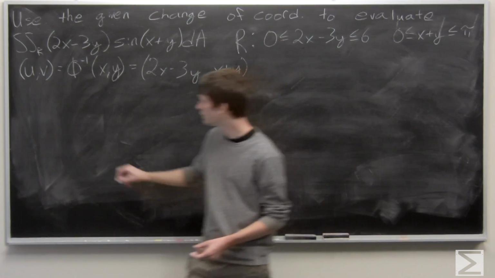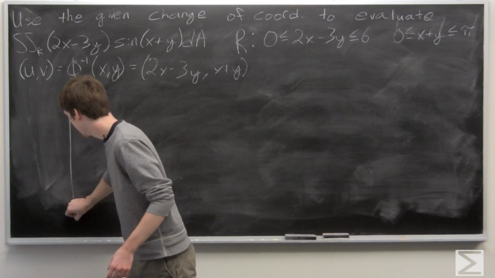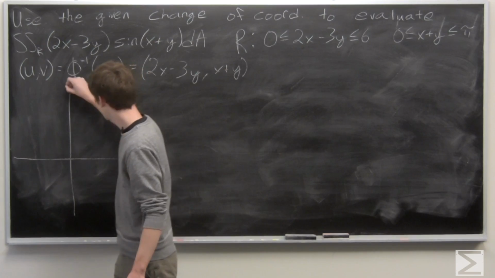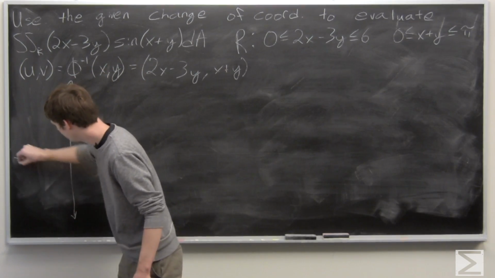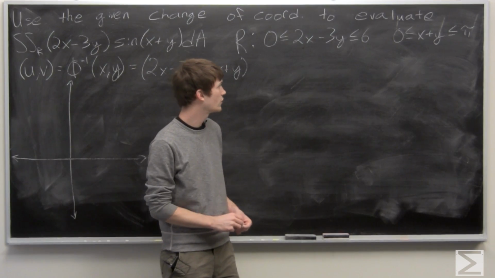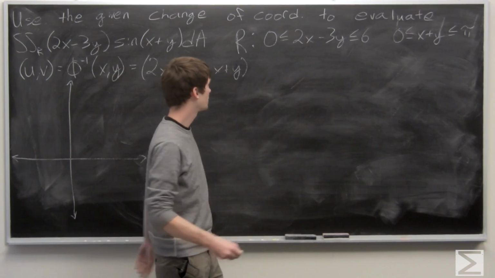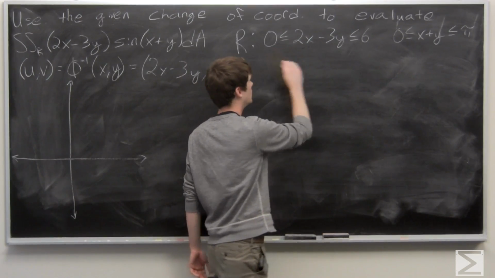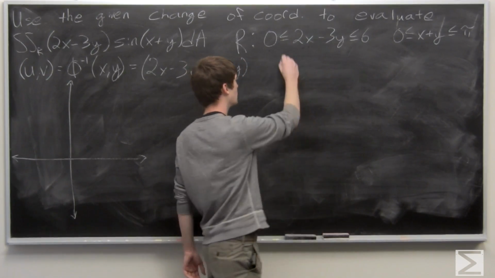Okay, so first, let's graph our region, just to get a visual idea of the area that we're integrating over. So our boundary for 2x minus 3y is equal to 0 and equal to 6.